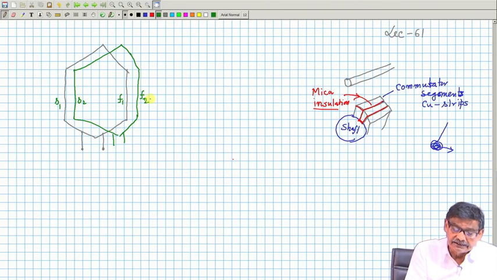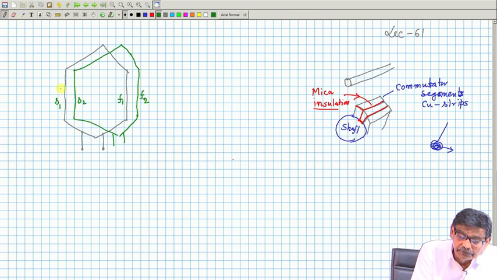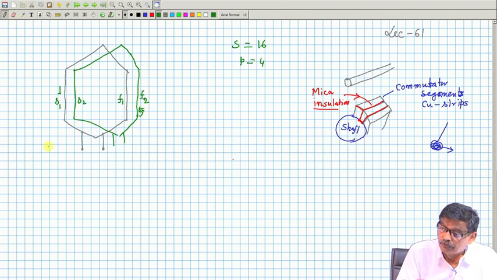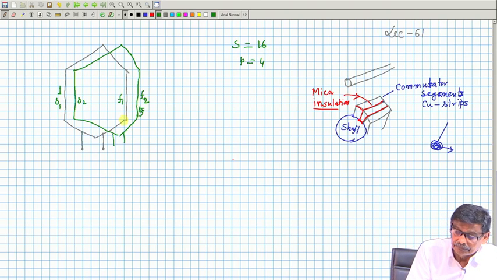This is the thing. In terms of slot number, it will be in slot number 1, if S equal to 16, P is equal to 4, then F2 should be in terms of slot number 5 dashed, is it not, 1 plus 4 number of slots, for first coil.